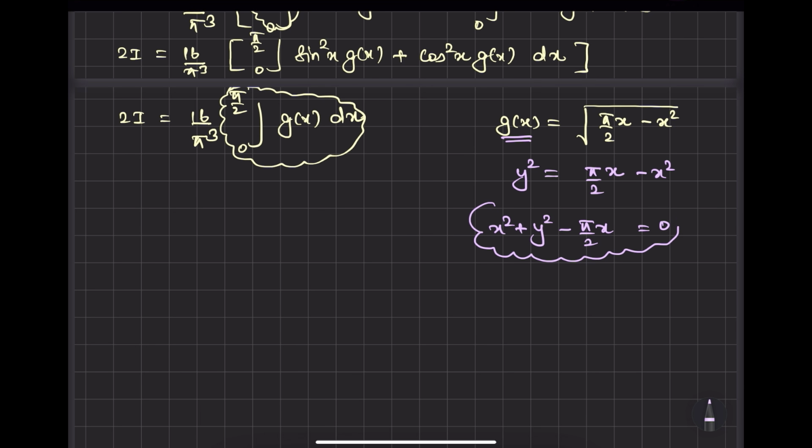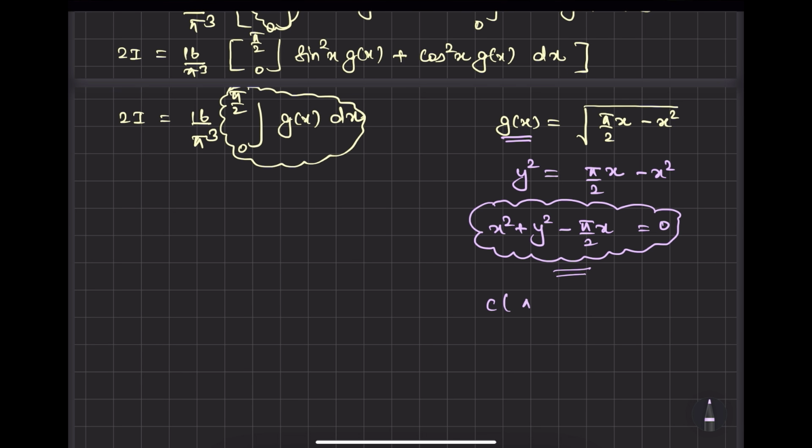Now look at this. Have you ever seen this thing? Yes, this curve is representing a circle. Okay, this is representing a circle whose center is at minus g comma minus f. So who is minus g? Minus g is minus of coefficient of x divided by 2.